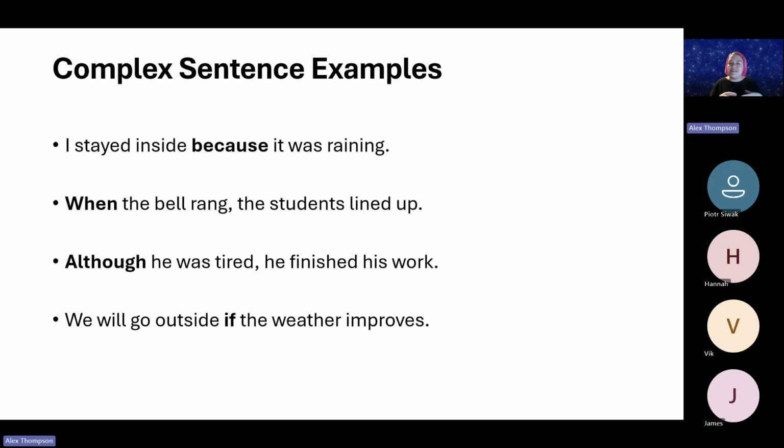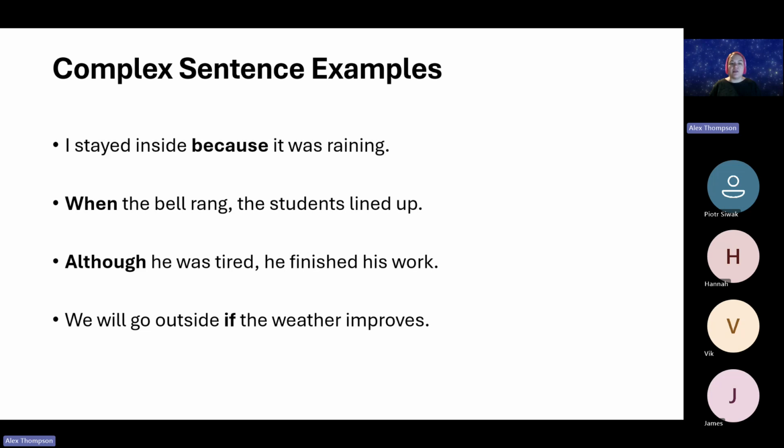With these sentences, they are correct if it's a simple sentence, an independent clause, but sometimes they're better with a bit of garnish, with a bit of gherkin on top, with a bit of sauce, and it's adding that extra detail to it. If we look at the last example on this one, we will go outside. In this case, we will go outside is a simple sentence.